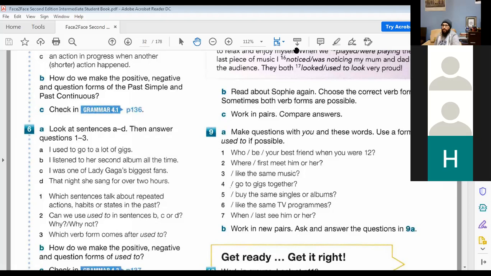Correct. Hajar, what do you think? If you think about the best friend, it's a state. Maybe he is still until now, but he is specific with the age. I think maybe your best friend at age 12 is not the same best friend now.